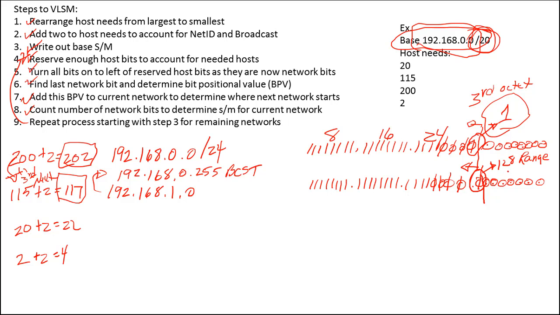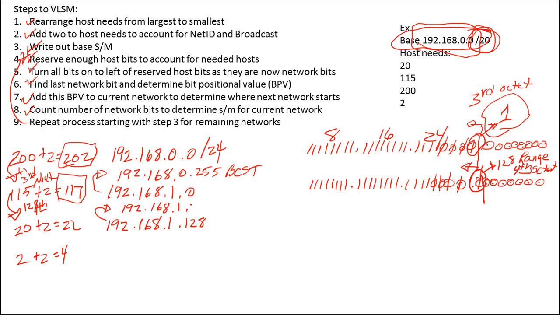And remember though, this has moved to the 4th octet, right? So when we add this time to get to our next network, we're adding 128, but we're doing it on the 4th octet. So 192.168.1.0 plus 128. That's our next network. We can now work backwards.